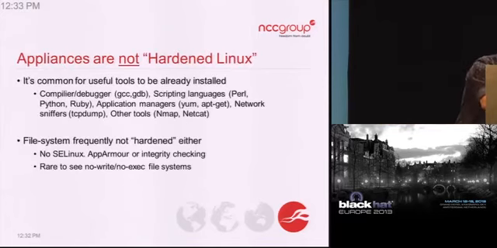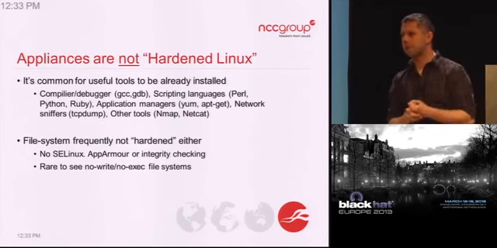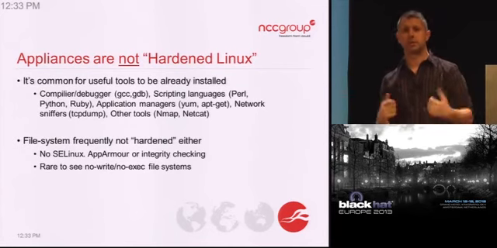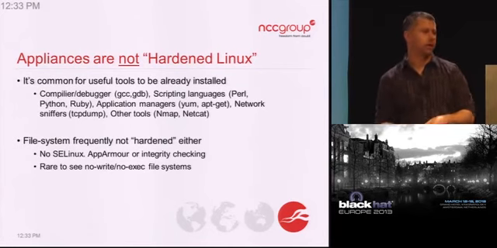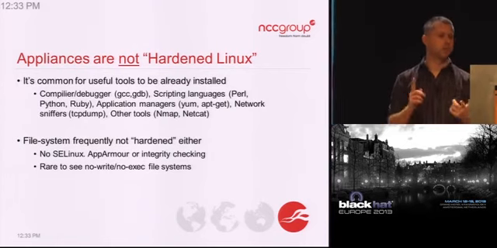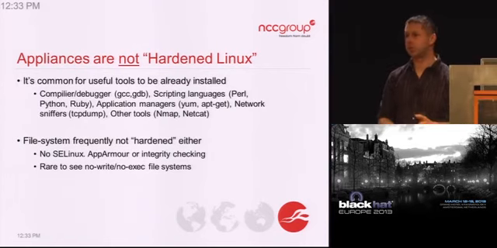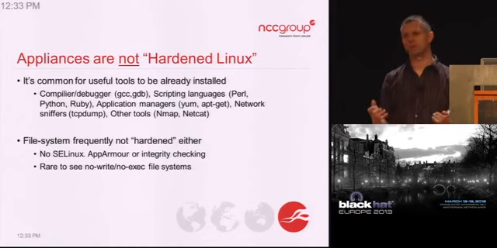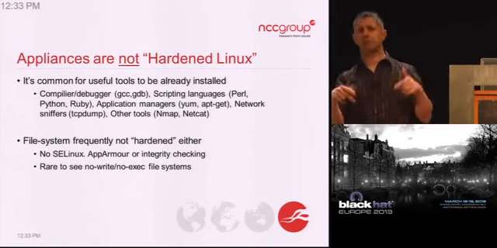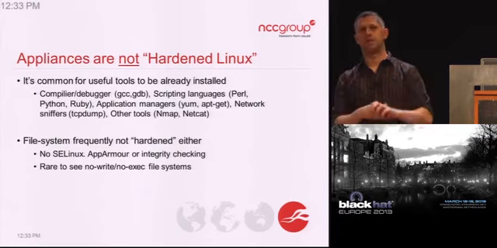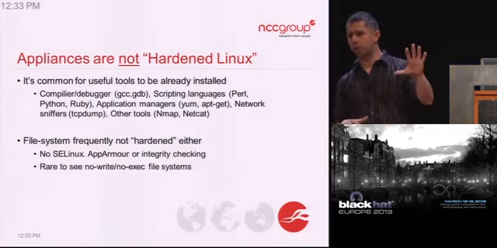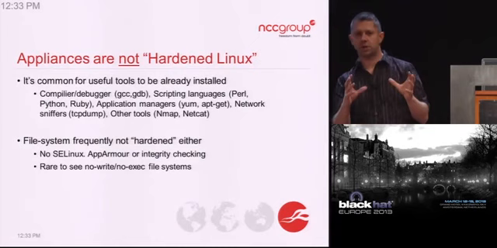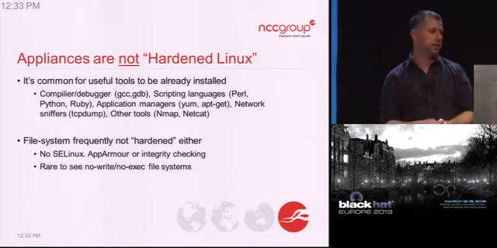And I'd say, I definitely disagree with that, because I've not seen any appliance which I would consider to be hardened Linux. They very commonly have things like debuggers, compilers, scripting languages which don't need to be there, application managers such as yum and apt-get, network sniffers like tcpdump, and other tools. So I've seen things like nmap on a firewall, where it's not functionality which is used via the web UI or the restricted shell. So why does it even need to be there?